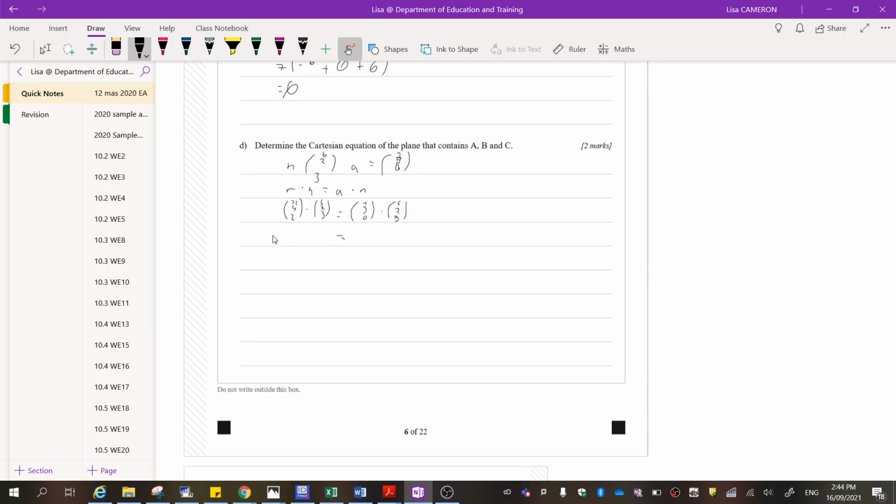So as stated earlier, dot product is just times them, then add them all together. So 6x plus 2y plus 3z. And then dot product of A and n. So 1 times 6, 6, 3 times 2, 6, 0 times 3, 0.